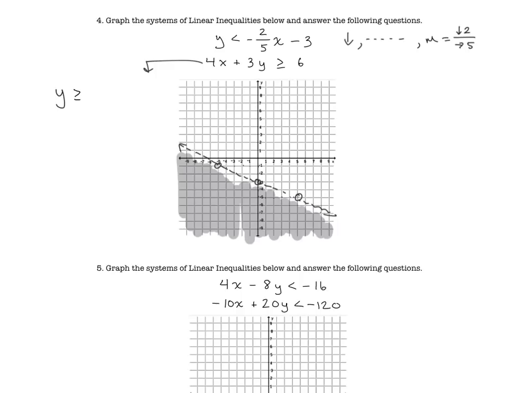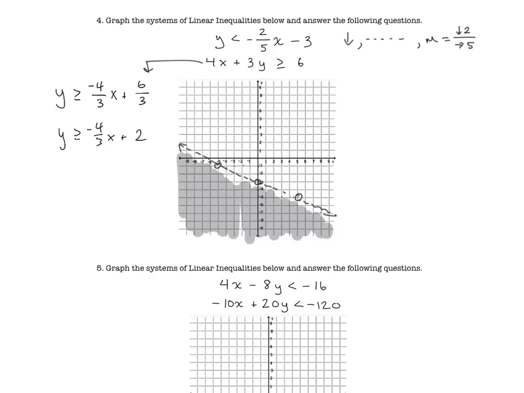So y is greater than or equal to the opposite of 4, which is negative 4, divided by the b, which is the coefficient of y. Throw an x with it, and it's a plus, and I'm going to take 6 and divide it by the coefficient of y, which is 3. All right, so then I get y is greater than or equal to negative 4/3 x plus 2.